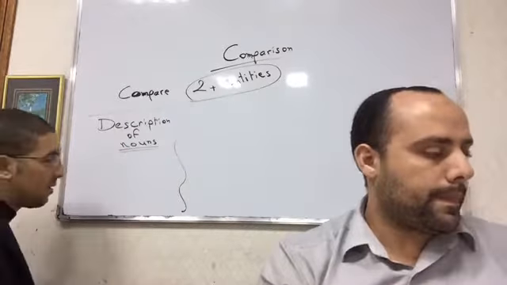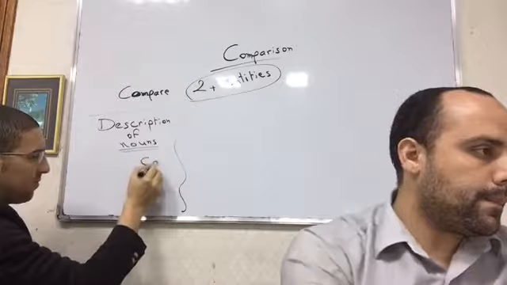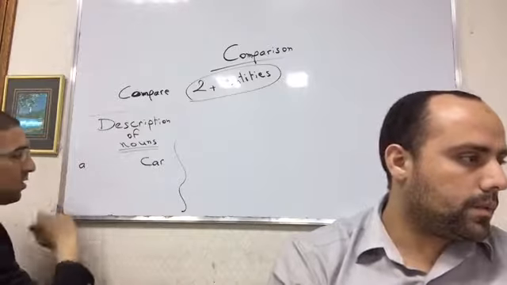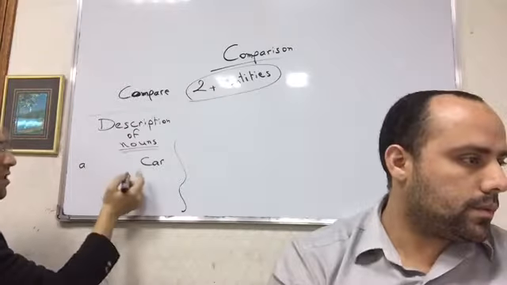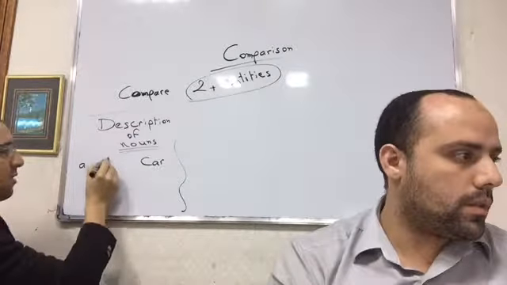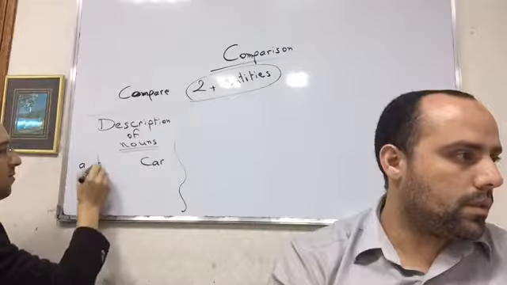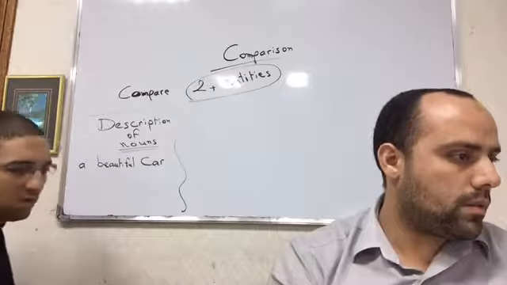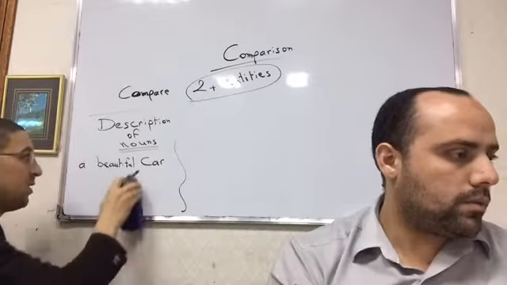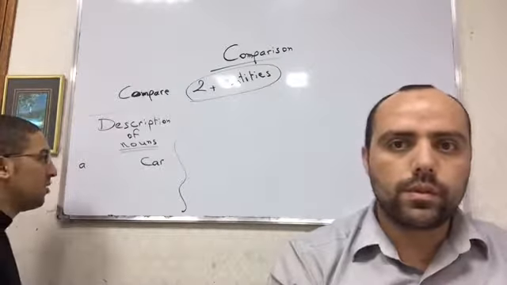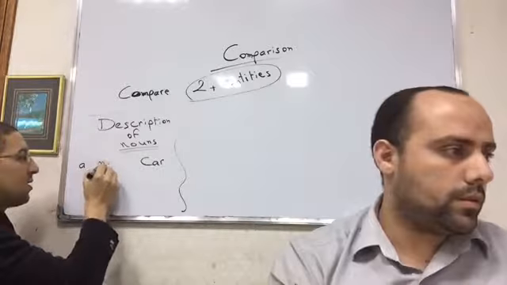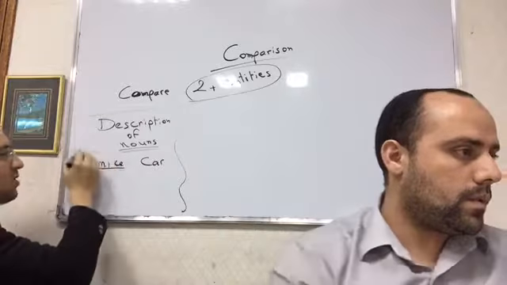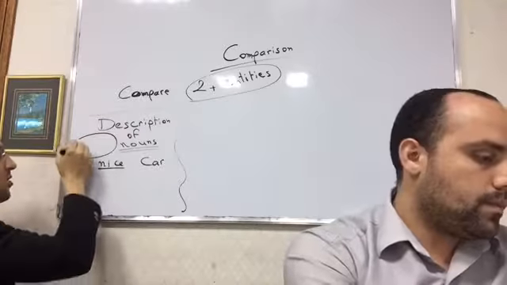For example, we say a car, and you can insert any adjective here to describe the car. You say, for example, a beautiful car. You can say a nice car, whatever. So nice here, in this sentence, is an adjective. To describe nouns, we use adjectives.